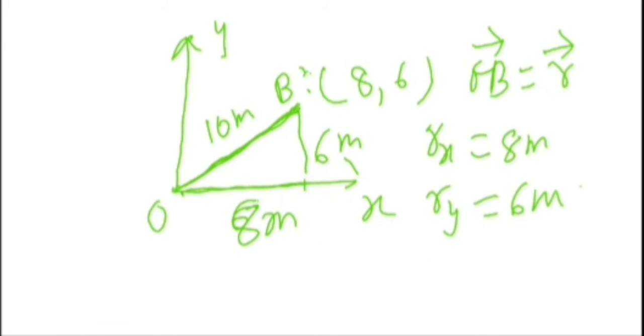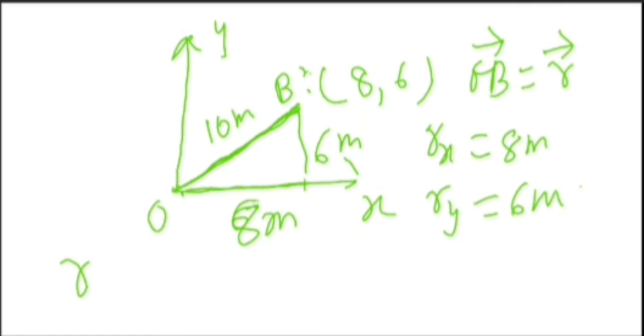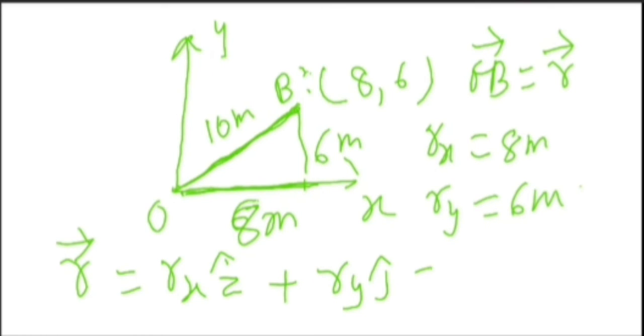Now we can write down the position vector of the particle in orthogonal unit vectors. R vector equals Rx i cap plus Ry j cap. Rx is the horizontal component of position vector. Ry is the vertical component of position vector.